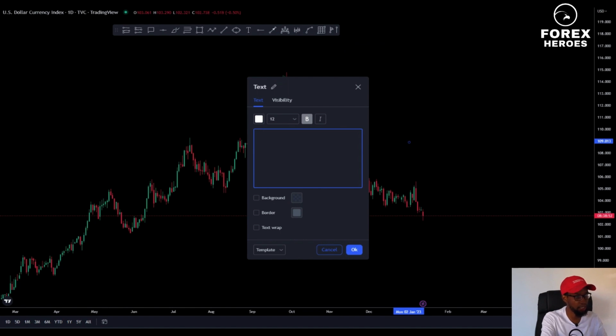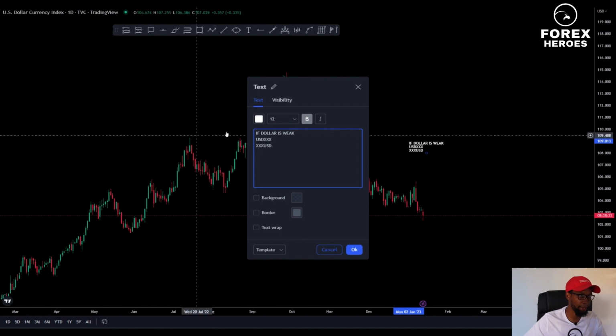If we are having something like this, USD X and then X USD. If the dollar is weak, the USD pair goes down and the X USD pair goes up.